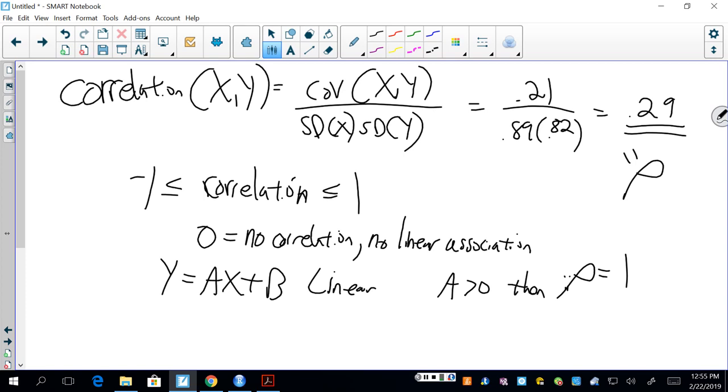If, however, a is sloping down, then the correlation is -1. If it's a perfect relationship, and so there's a 1-to-1 trade-off, say you're taking temperatures measured in a random system, and you're converting them between Fahrenheit and Celsius. And there's a 1-to-1 transformation. The correlation is 1, it's just perfect.